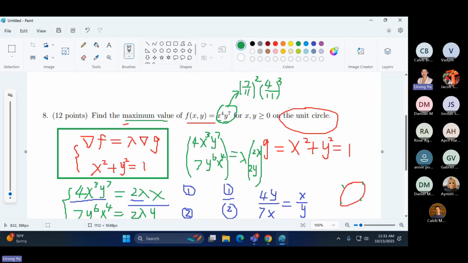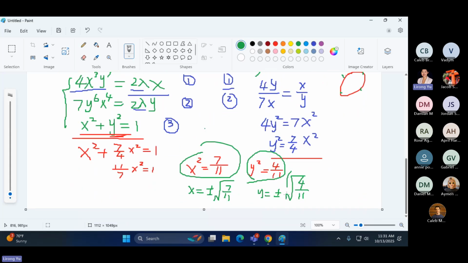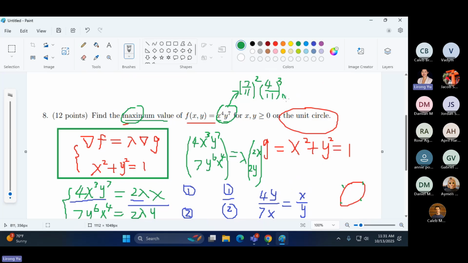Then we have one more y, and for the maximum, we choose a positive y value. So we choose the positive root, multiplied by root 4/11. That should be the maximum.